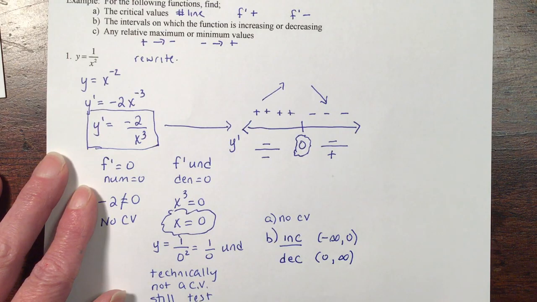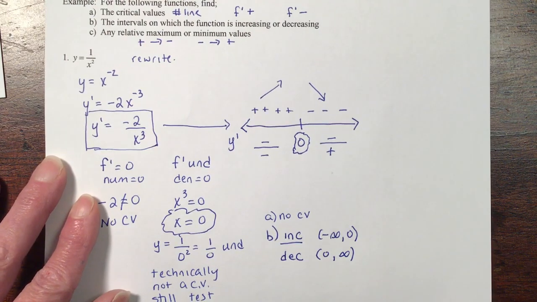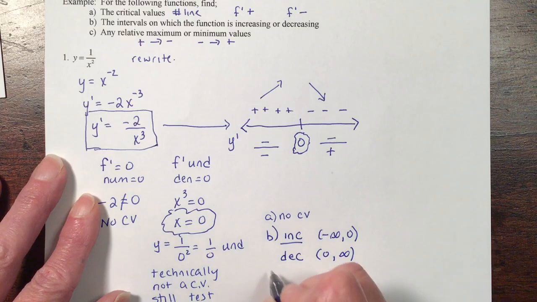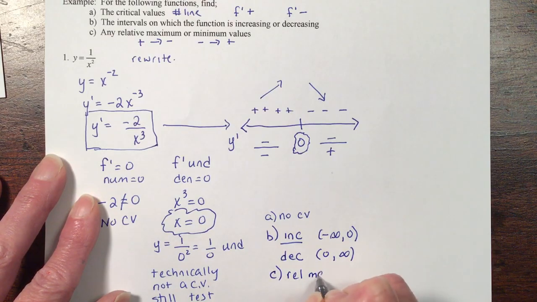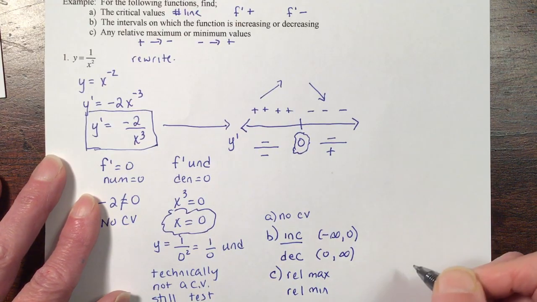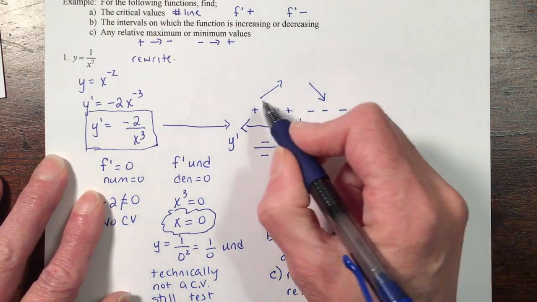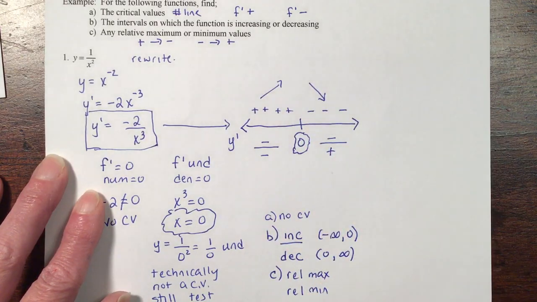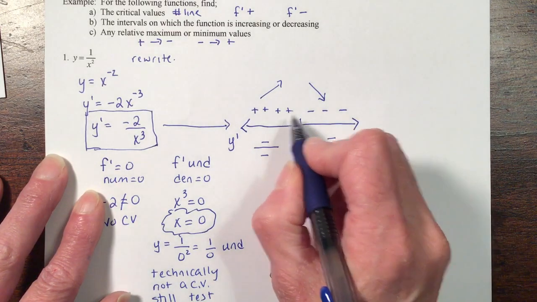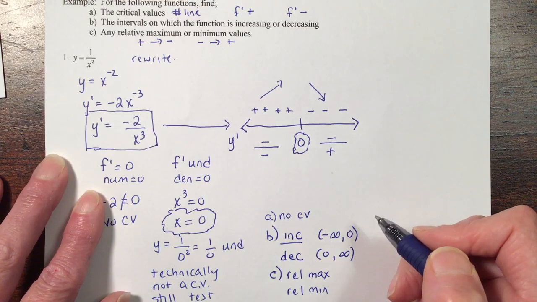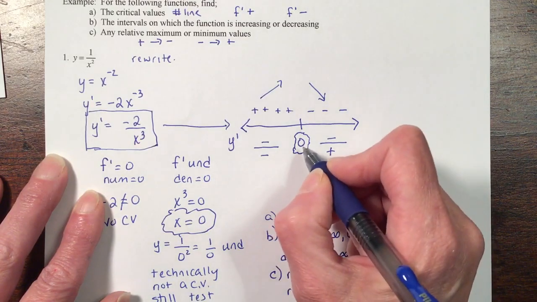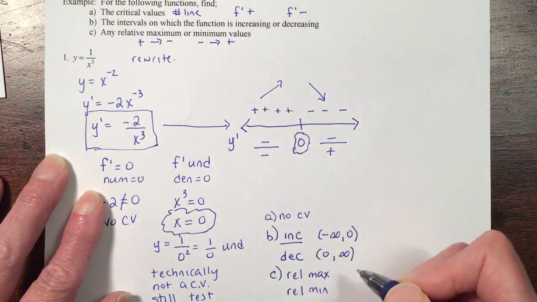Now let's talk about any relative maximum or minimum values. If I'm trying to decide for any relative max or relative minimum values, remember, those are turning points in our graph. It looks like I have a turning point here. I go from positive to negative, but I will not have a point because my function is undefined.